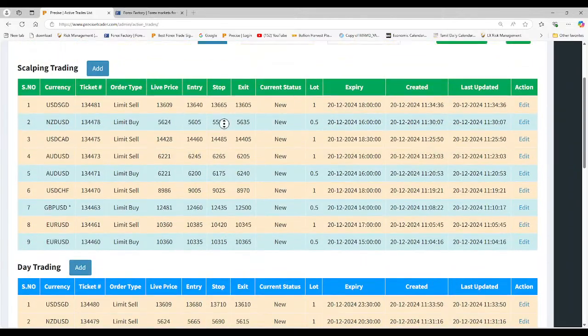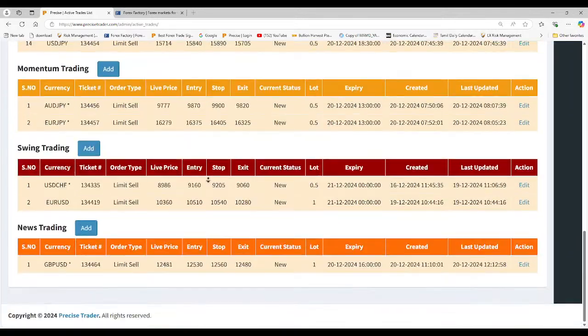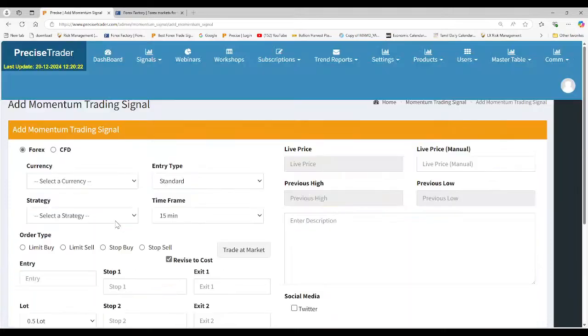Now since strength is expected for the next 2 hours, we will go for a quick buy at 157.05 with a stop at 80, and exit at 157.40 or 45.